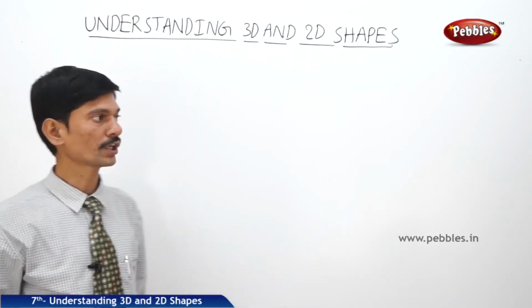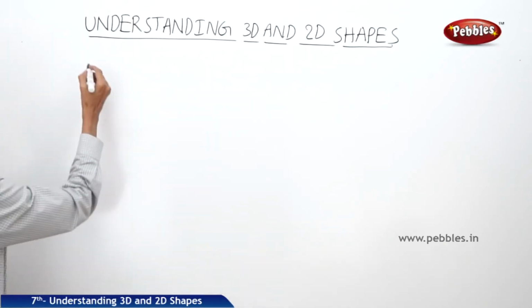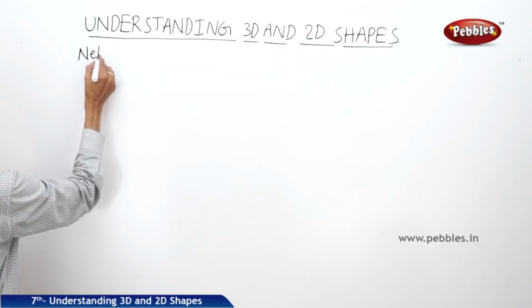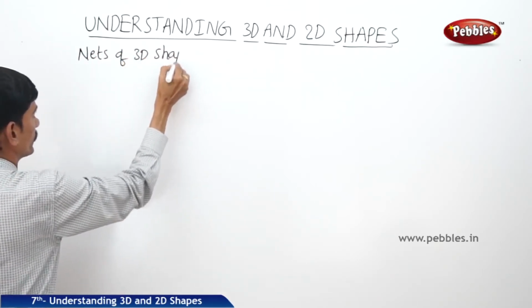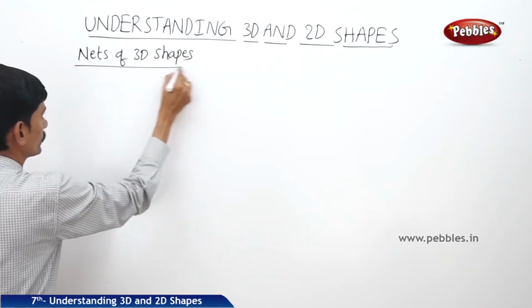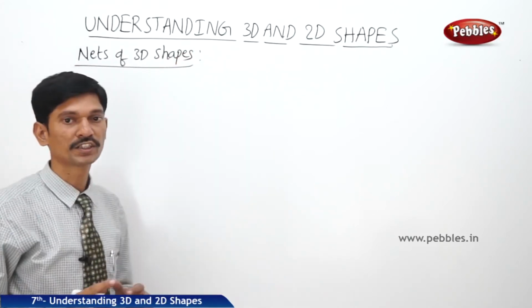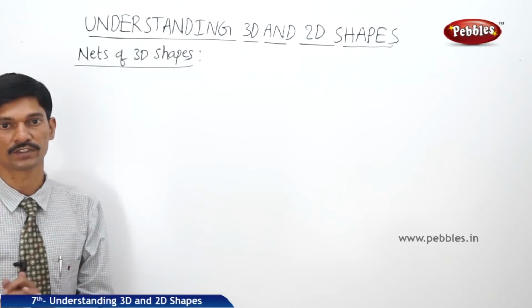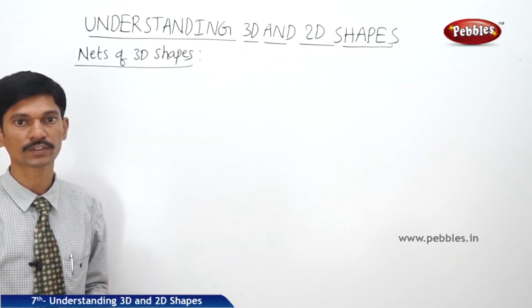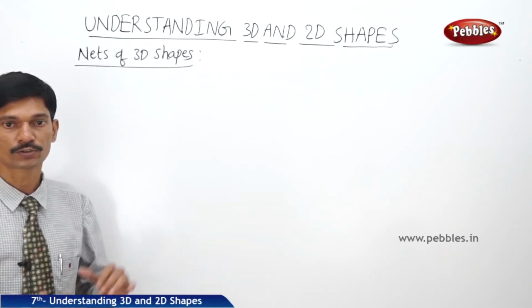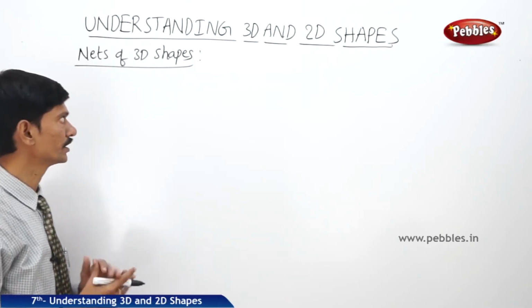Now let us see the next topic, that is the nets of 3D shapes. Now how to visualize the 3D shapes on flat surfaces? To visualize the 3D shapes, means 3-dimensional shapes, on flat surfaces, we draw the nets of the 3D figures.